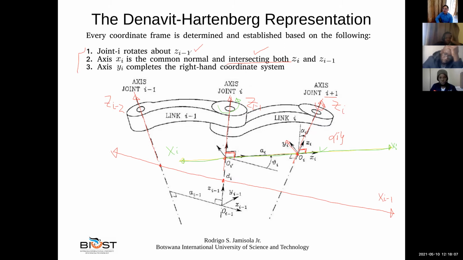So now it is the common normal. Well, is it normal? Because we orient the axis in some ways so that it will be normal. Now we define frame I minus 1, where this is your Zi minus 1, this is your Xi minus 1, and your Yi minus 1 can be here.